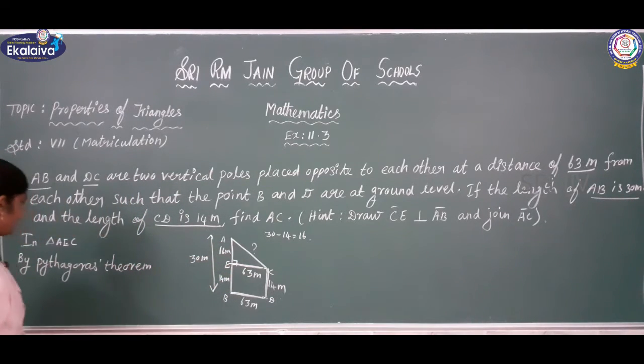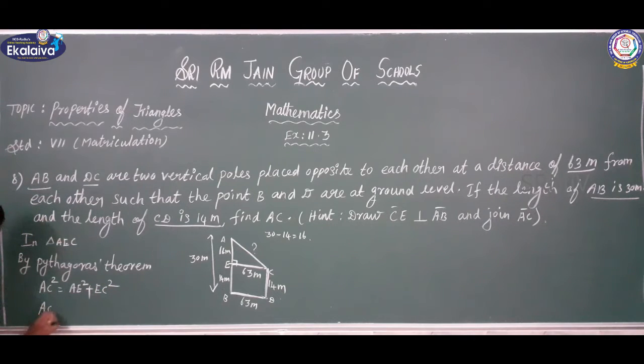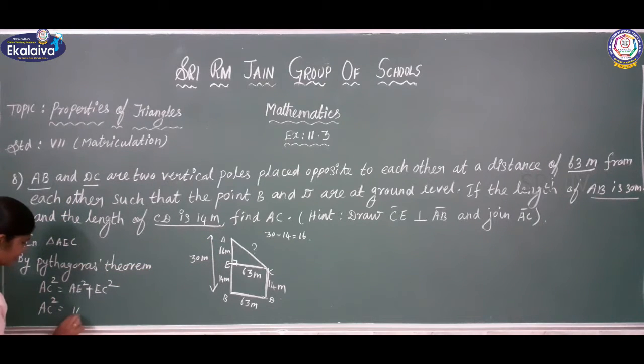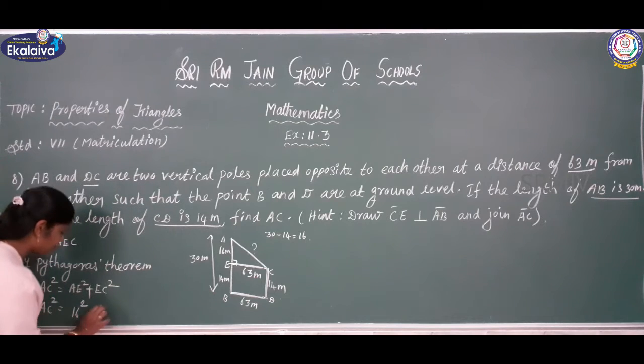Okay, so AC square equal to AE square plus EC square. Okay, substitute the value here. AC square equal to AE 16 square plus EC 63 squares.